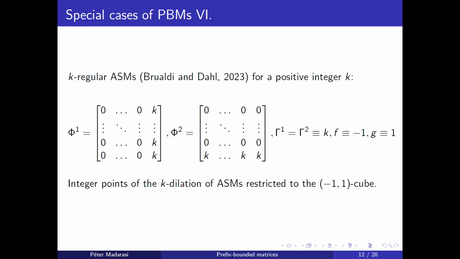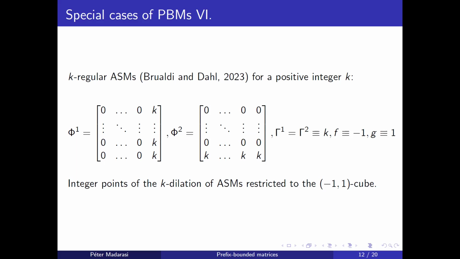So for every entry, we require it to be between -1 and plus 1. And probably there are several other special cases that I am not aware of. For example, such a case is the case of mixed alternating sign matrices. Those can also be captured by similar bounds, but that was enough about the special cases.